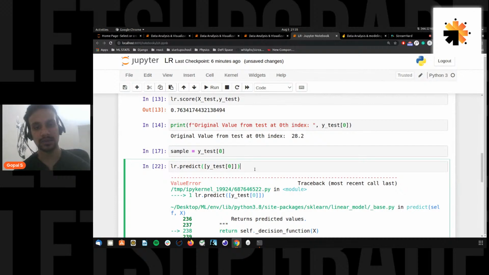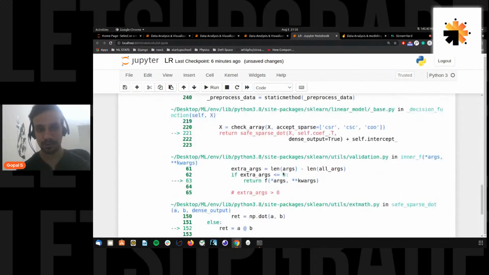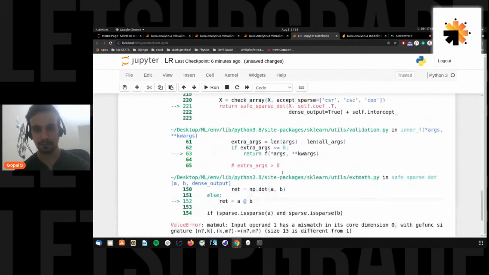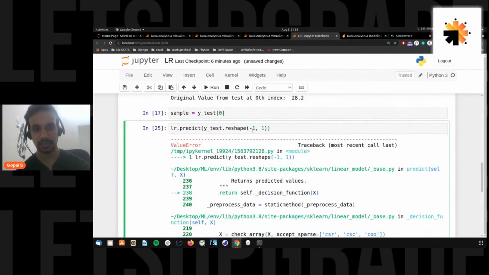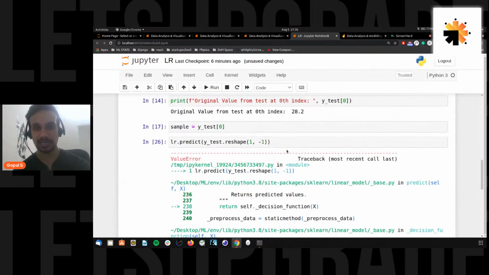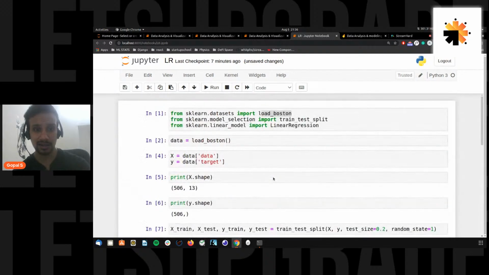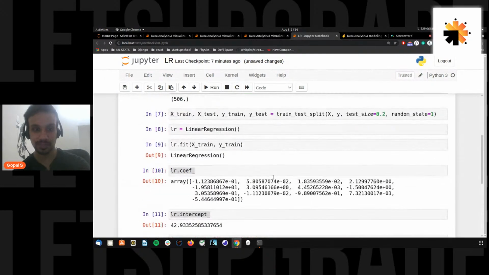I don't know why it is not giving any answer, even with a simple y test. We can reshape it into -1 and -1. Let's see. Nope. It was working maybe 2 or 3 months ago.